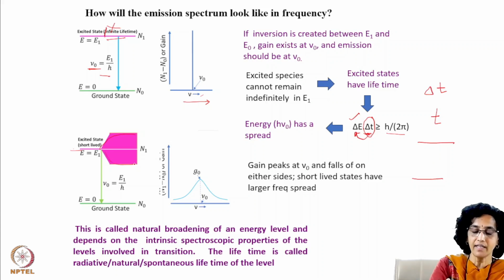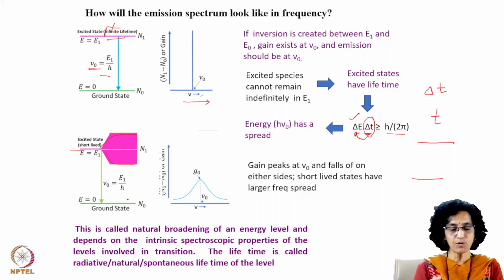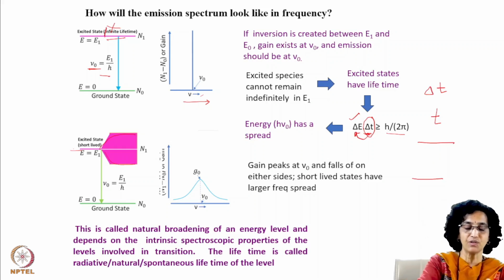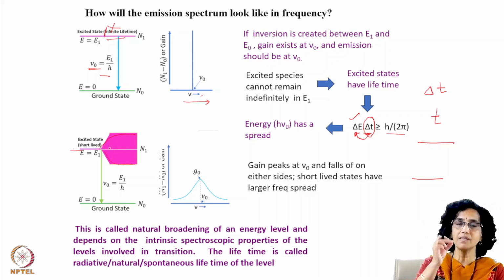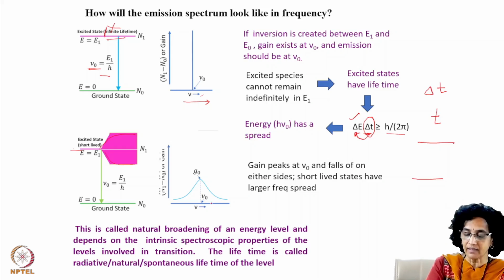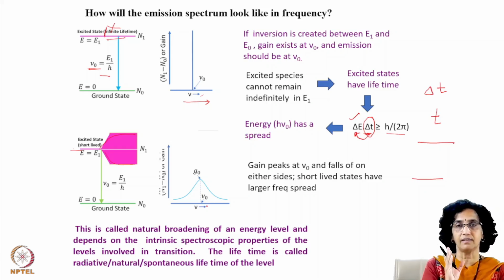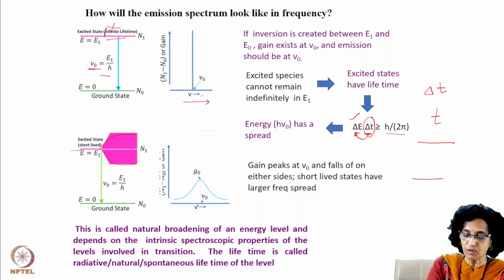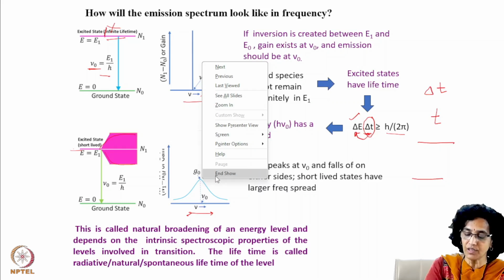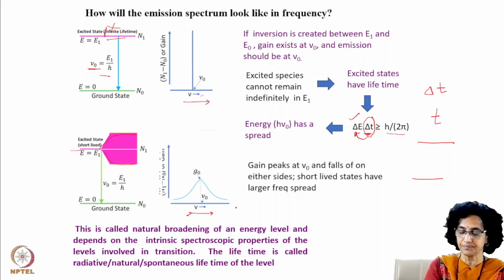As you can see, it is spread about the mean energy, about its central energy. And when there is a transition from here to here, if you see the number of molecules which you have taken into E1 and you see how each one is coming down, then you will see that it is not at nu zero that you will get the output, but it will be spread about nu zero, with the peak being at nu zero and gradually falling off on either side.